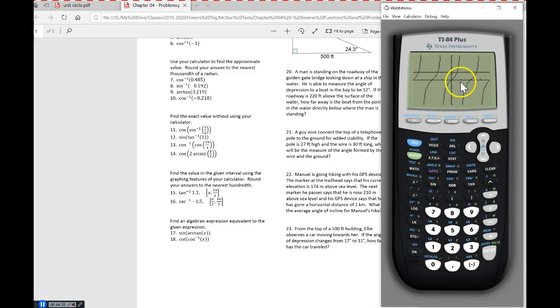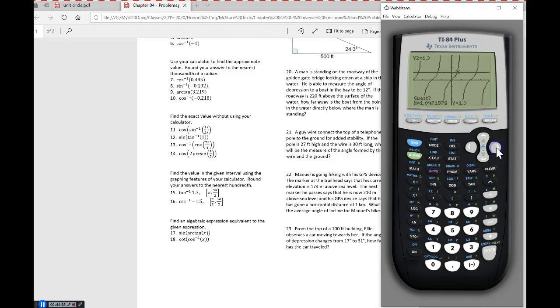Looking at the x-axis, this is pi over 2, this is pi, this is 3 pi over 2. So the area I'm looking at is right in here, and I see just the one intersection. So second trace, intersect command, enter, enter, and now I have to give it a guess because there are lots of solutions here.